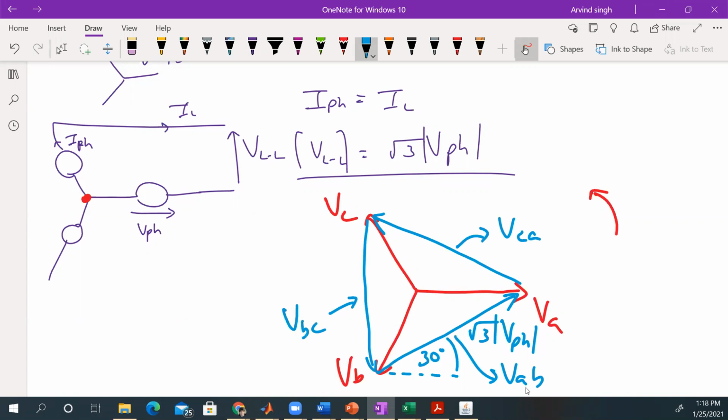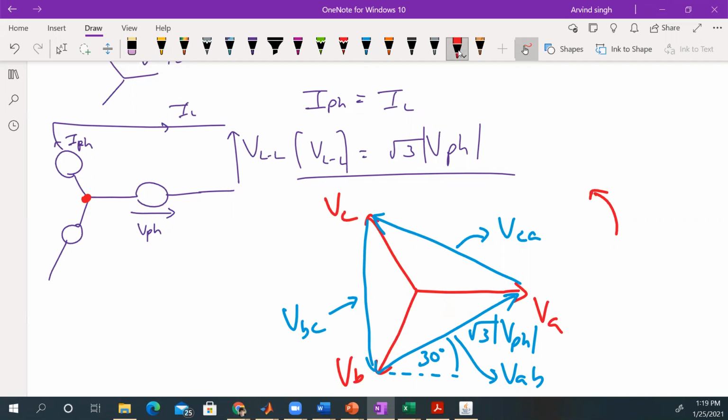So notice VAB is 30 degrees more than VA. VBC is 30 degrees more than VB, right? So this is coming down here, which is 30 degrees more than this one. And VCA is 30 degrees more than VC. So we're adding 30 degrees to the vector, and we're increasing the magnitude by √3. Good. So that is for the voltage.